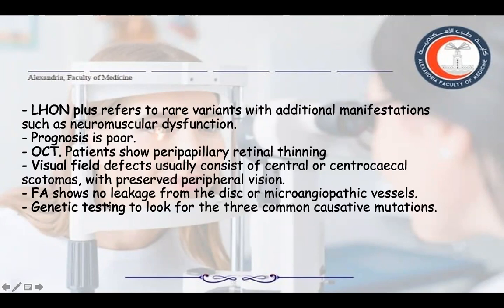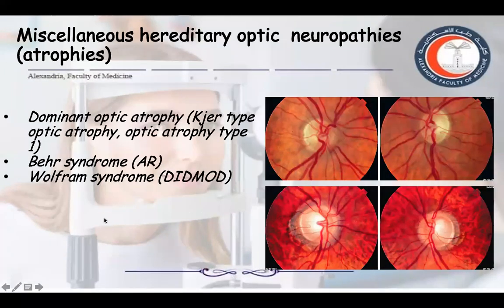Fluorescein angiography shows a very characteristic sign, and it's a very common MCQ question: no leakage from the disc or microangiopathic vessels. When we have an optic neuropathy with fluorescein showing no disc leakage, this is most probably Leber hereditary optic neuropathy. Unlike other causes of optic neuropathy, where we will find leakage from the optic disc. Of course, genetic testing, because it is a hereditary disease.